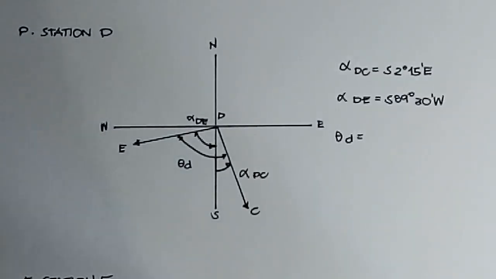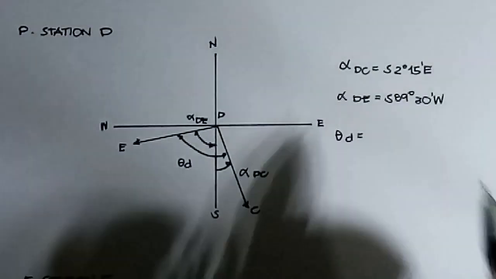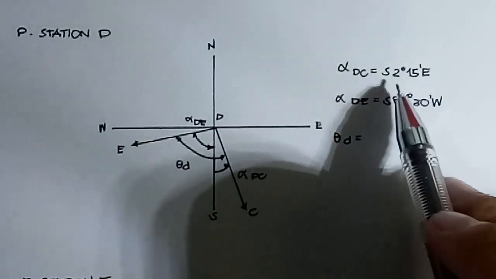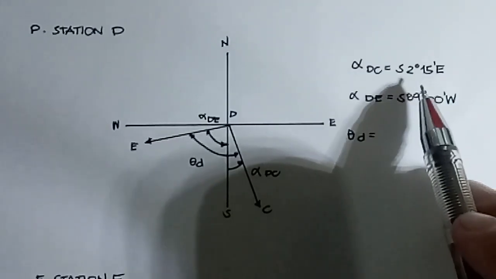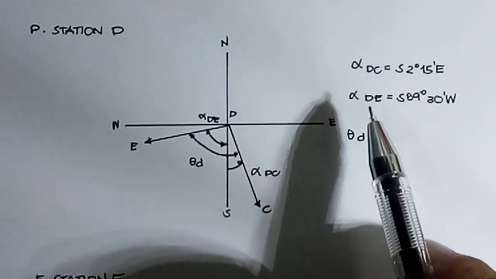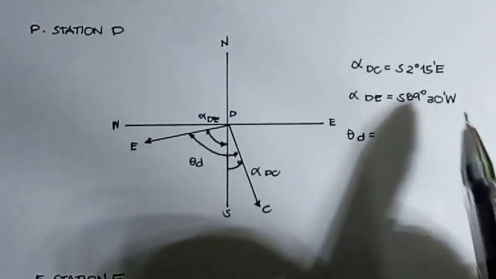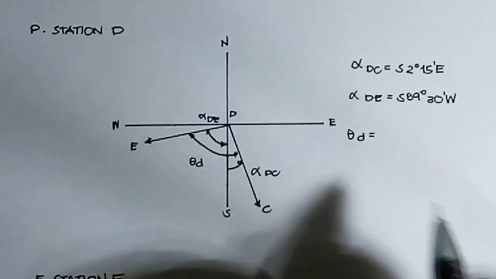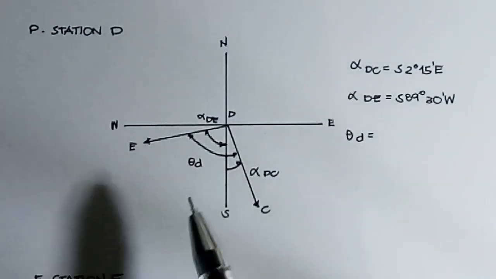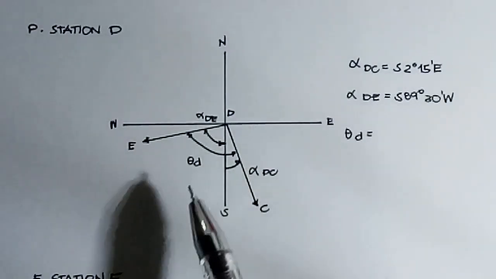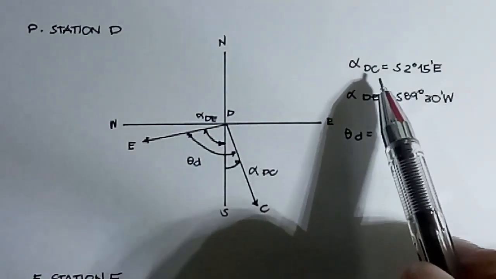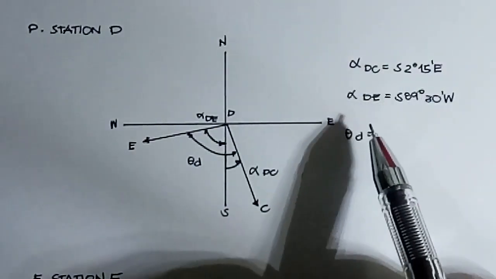Station D, interior angle din yung hahanapin natin. So, ang bearing ng DC ay south 2 degrees and 15 minutes east. Ang bearing naman ng DE ay south 89 degrees 30 minutes west. So, para makuha natin yung interior angle ng D, napakasimple lang niya. Ipag-add natin yung observed bearing ng DC at observed bearing ng DE.